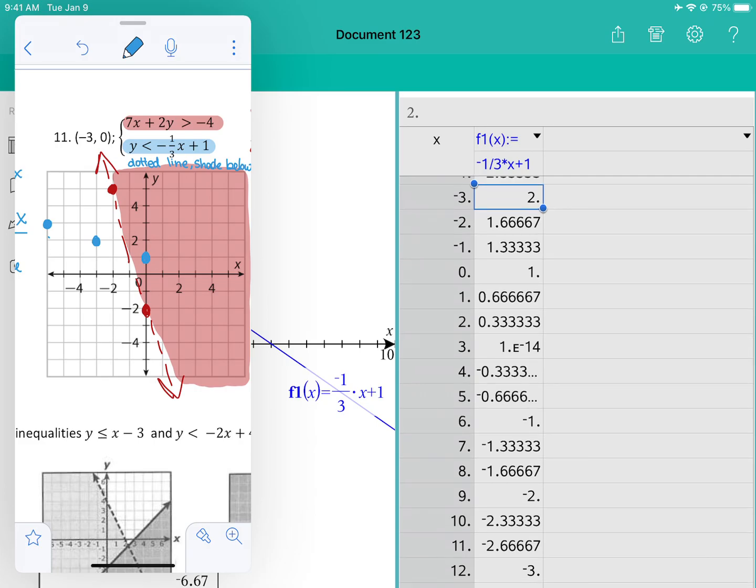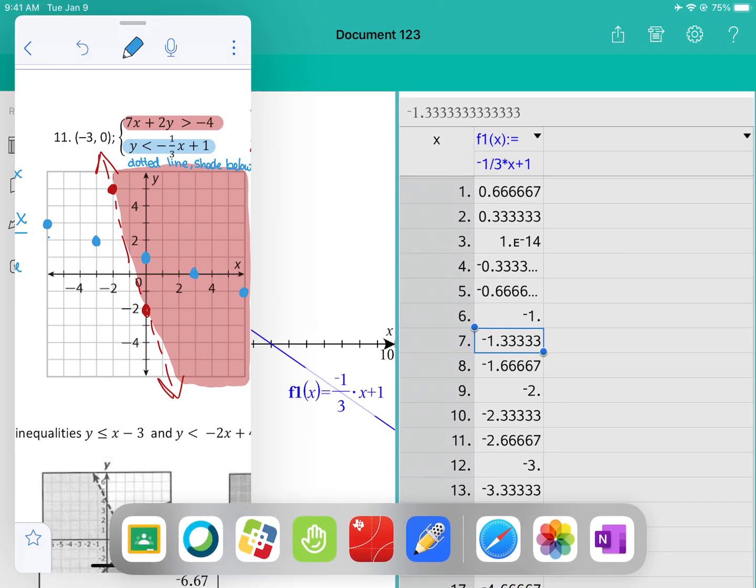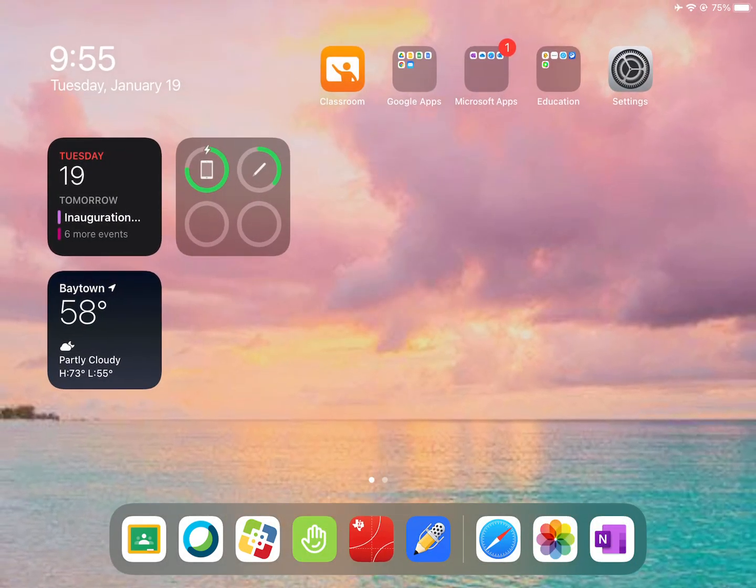Now, if we see this point right here, 3, and then that weird E looking stuff, that's just a way to write 0. So 3, 0 is a point, and then 6, -1. But if you didn't know that, that's fine if you didn't put that point. But that just is the calculator way of writing something that's really small, sometimes when it just can't compute it.